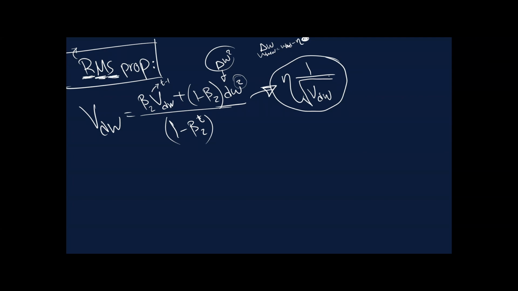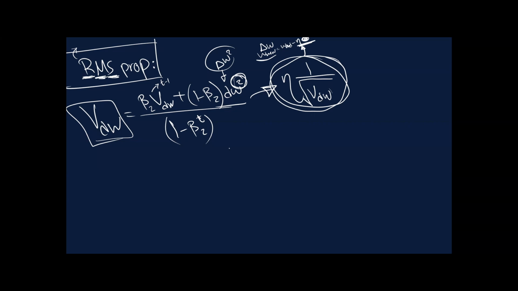So it's coming from the name. We're taking the root of the mean of the square, and that's why it's called like that. And this is how we update our weight. So just a plug in: calculate the slope, plug the slope into this equation to calculate VdW, calculate this term, and just put it here. And this would be your new weight.